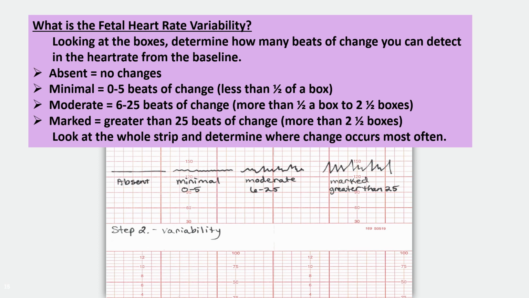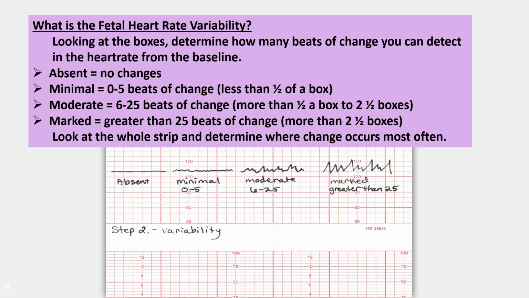That's really important because oftentimes providers will just look at the decels and say, oh my gosh, I need to crash section this patient. No, don't do that. We're going to do interventions, we're going to try to correct it, and then see where we are. But you know that it's not a crash situation.